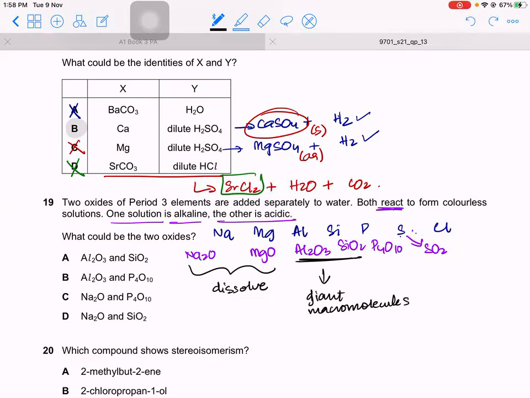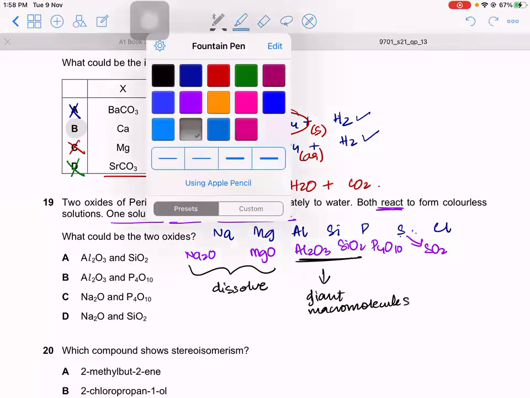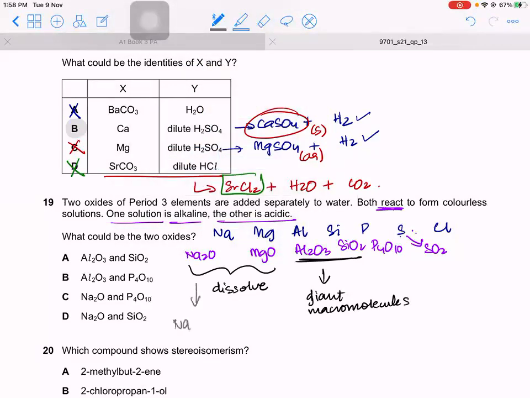Now, both react to form colorless solution. If you add this to water, what will you get? Oxide will become hydroxide. This will also become magnesium hydroxide. These guys don't react. P4O10 with water will give you H3PO4.